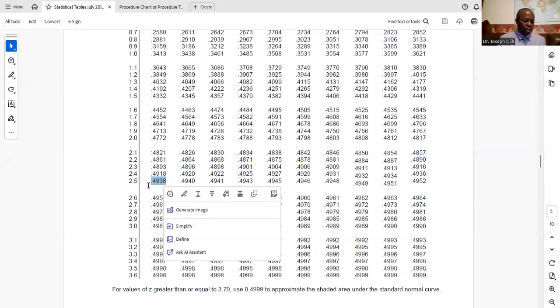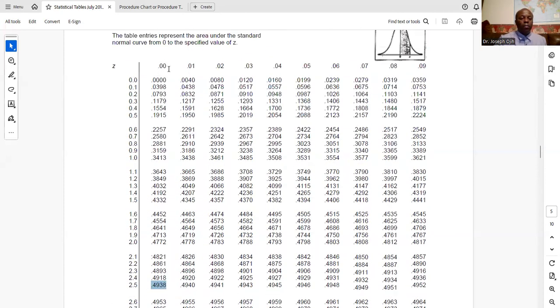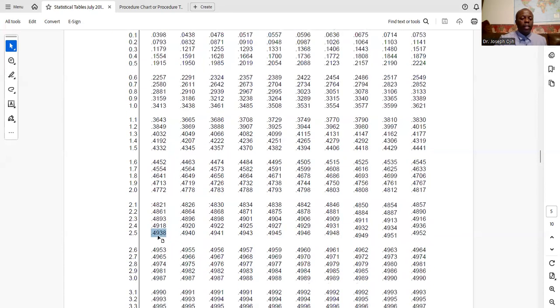Okay, give me a minute. Let me write this down. 0.4938. How do I know it's under 0? Because if you go up, you can see that it comes under 0. 0.4938. So that's our area for negative 2.50.